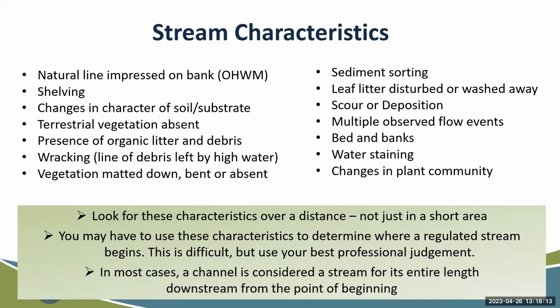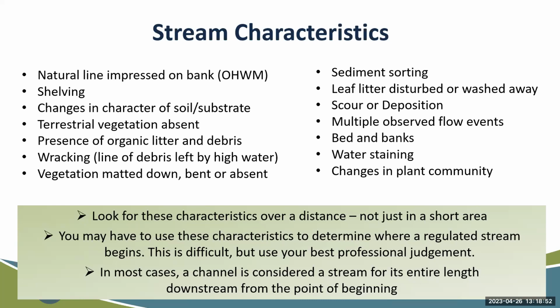Vegetation that's absent or bent or matted down indicates flow in that area. You want to examine the bed for sediment sorting. Can you see different areas where you have larger substrates as opposed to sands and finer silts? The disturbance or washing away of leaf litter can indicate flow in a channel. Areas that are scoured and may have some additional depth, or areas where you see deposition of fine material.